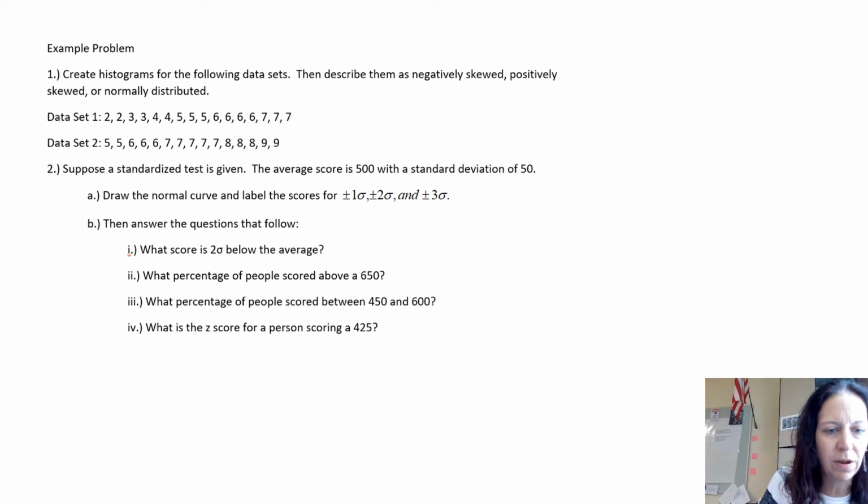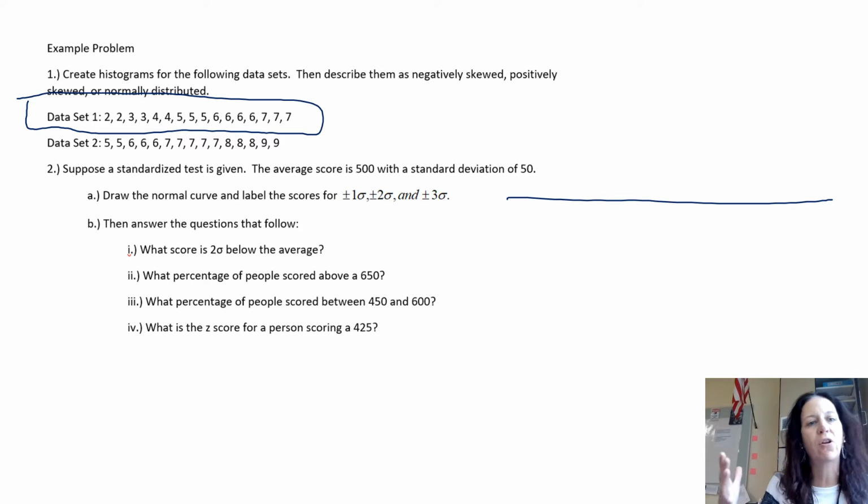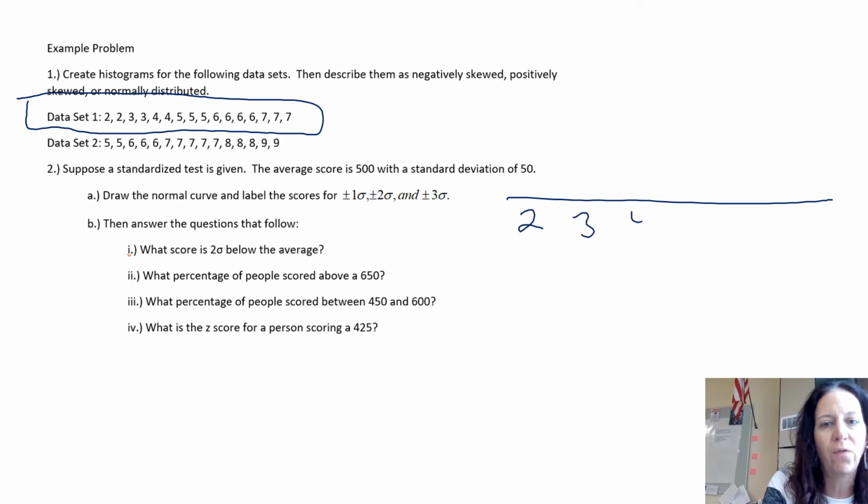This is what made me mess this up earlier. Let's see if I can get it right. So it's essentially a bar graph, and the numbers in data set 1 go from 2 to 7. You might go from 1 to 10, but really you just need the 2 to the 7. So we'll go 2, 3, 4, 5, 6, 7.